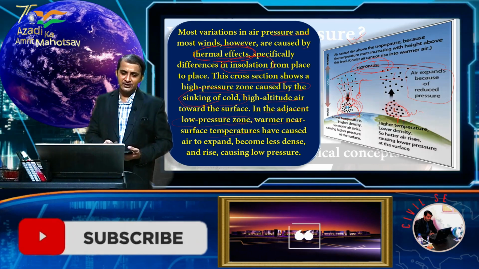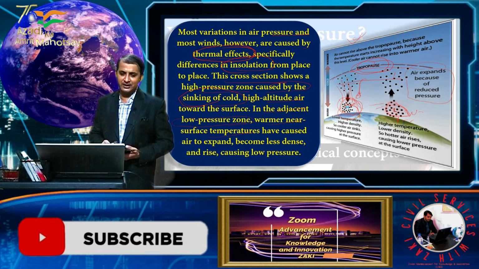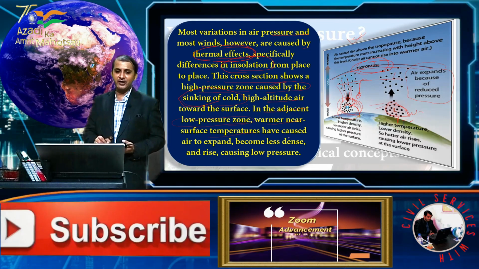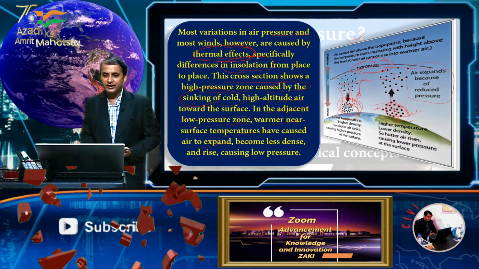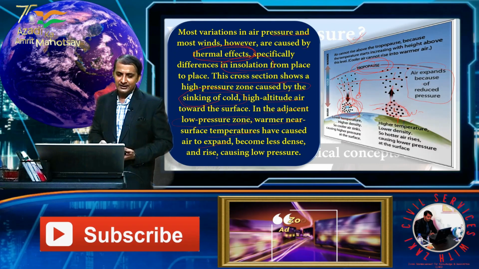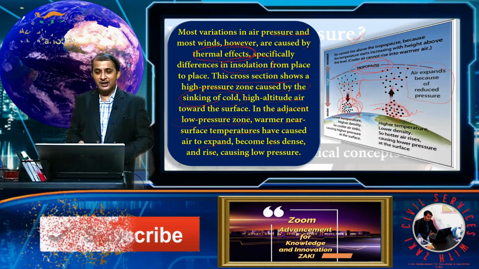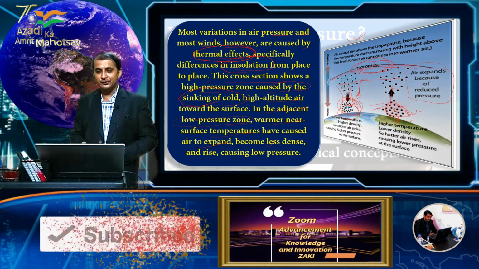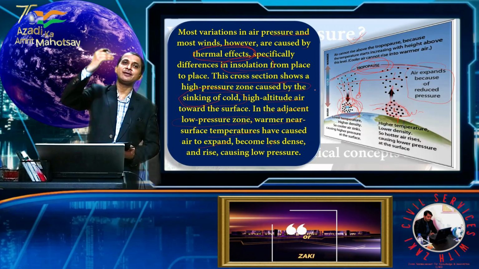If we see the warmer area, it creates a low pressure zone. Warmer areas near the surface cause air to expand and go upward, become less dense, and rise, causing a low pressure zone. This is because, as you know, colder air does not override warmer air.